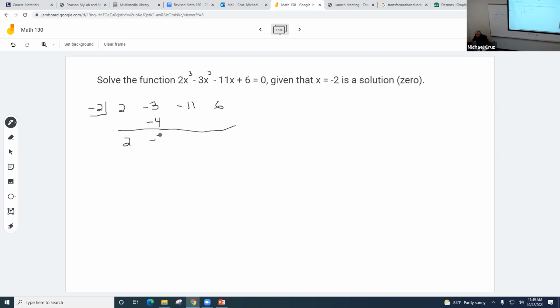Add them up, that's -7. -2 times -7 is +14. So that's going to give us 3. -2 times 6 is -12. All right, so they didn't lie to us. x equal to -2 was a solution. So one of the factors is x minus 2. Now we're going to use this part to write what's left over.